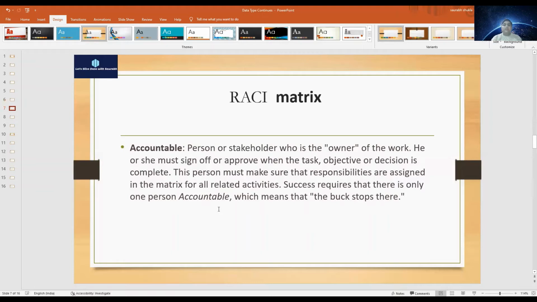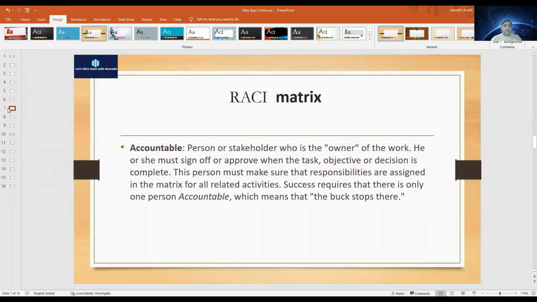Accountable, the person who is doing that particular task. He has to make sure that I am doing this particular work, and it is my responsibility to do that job in the given time frame. So I am accountable for that. So responsible, the entire team. Accountable, the person who is owning that particular job, whether it is a data cleanup activity, writing the algorithm, or presenting it to the customer. Analysts, consultants, managers, they have their own roles and responsibilities. So they all are accountable for that kind of work.